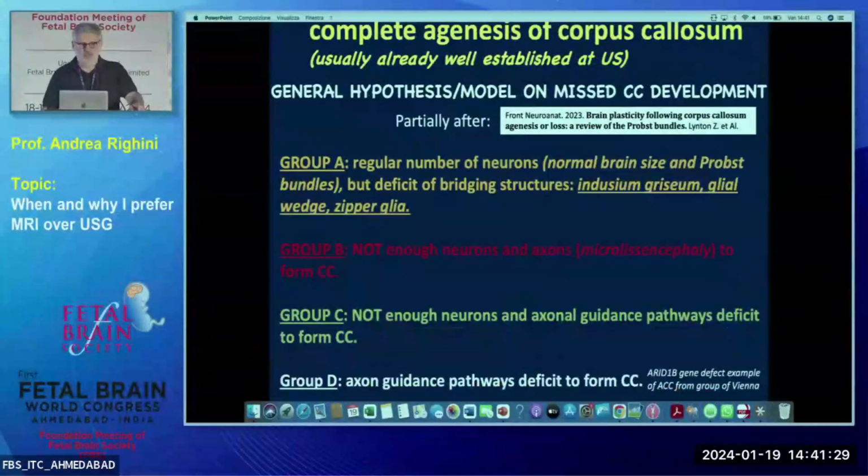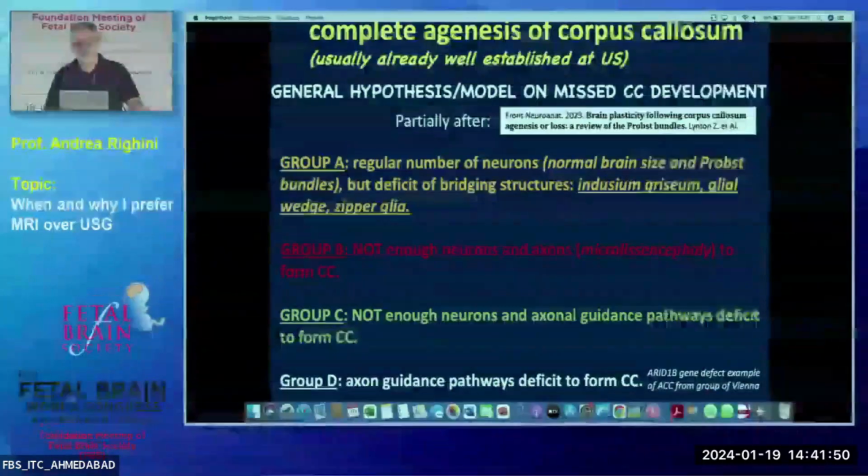As Dr. Mina Romagnello in a nice talk presented some data about our experience on complete agenesis of corpus callosum, we could say, using a sort of homemade theory, but based on some literature and data of course, that you could divide complete agenesis of corpus callosum into 4 groups.